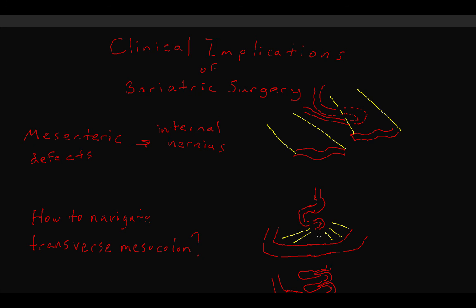Alternatively, a defect can be surgically created through the transverse mesocolon to advance the small intestine posterior to the colon up to the stomach, the so-called retrocolic approach. A retrocolic approach adds another mesenteric defect and another opportunity for an internal hernia to occur, although it should be noted that internal hernias can still occur with an anticolic approach because small bowel and its mesentery are still being divided.